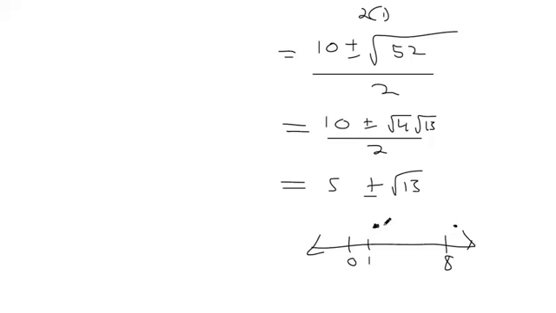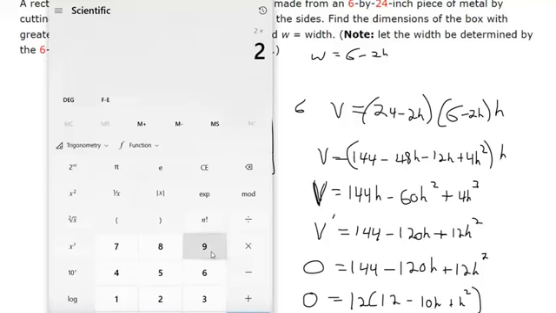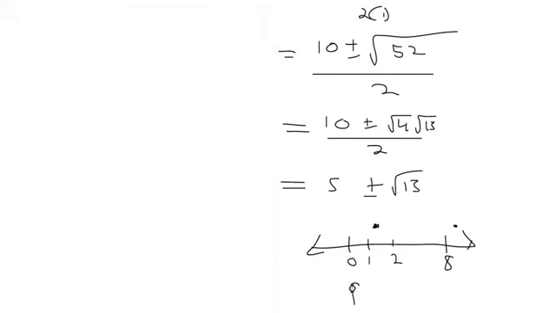If you want to test values between those, let's try if we plug in 2 into our original function for the volume. If I plug 2 in here, I get 20 times 2 times 2. So I get 80. This is volume, so I should say V of 2 is 80.